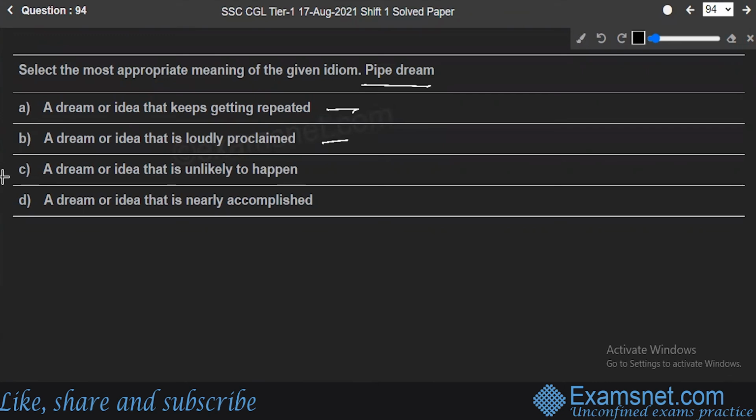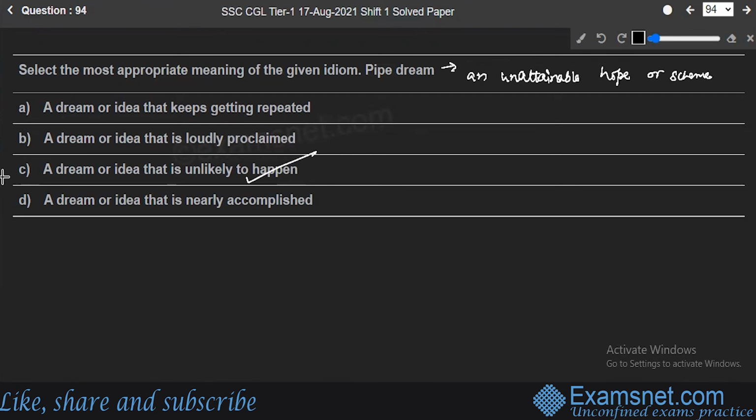The correct answer to this question is a dream or idea that's unlikely to happen. Option C. This is the most appropriate meaning. The pipe dream means an unattainable hope or scheme, right? So that is why we say a dream or idea that's unlikely to happen.